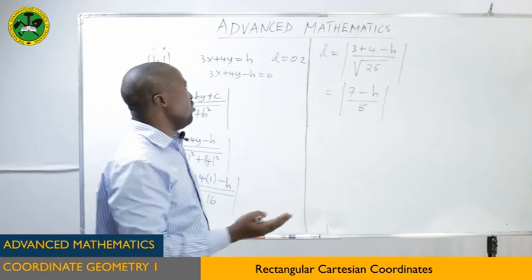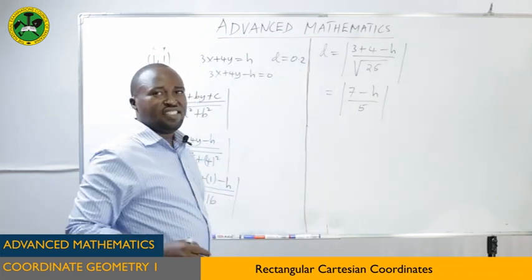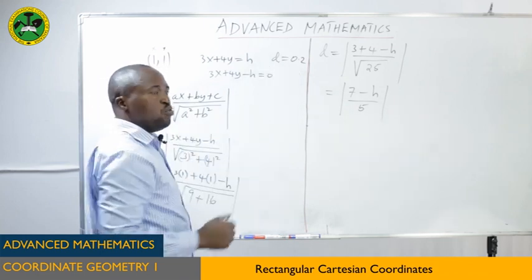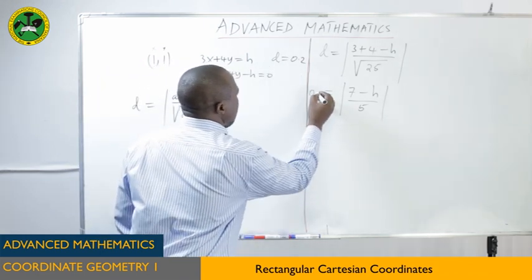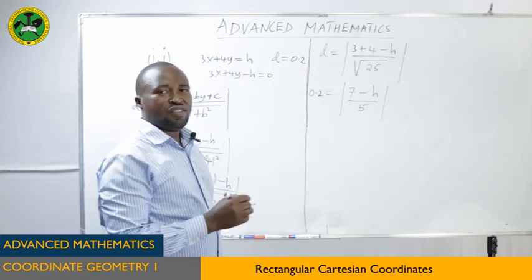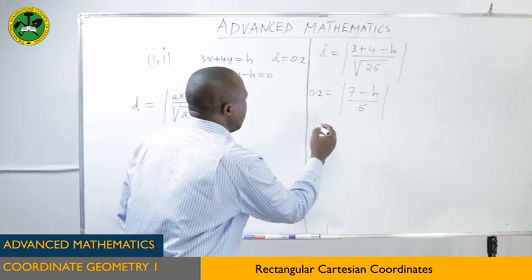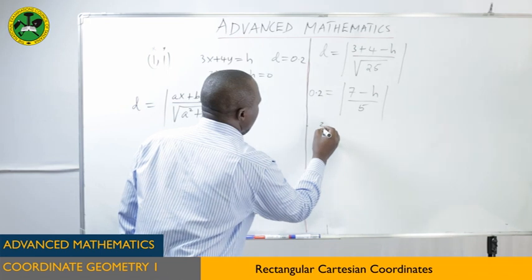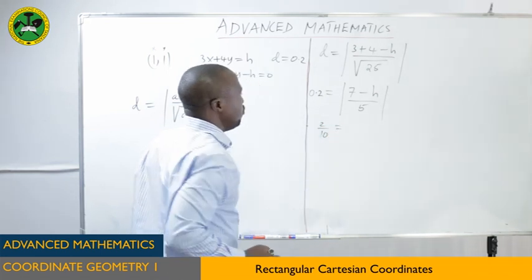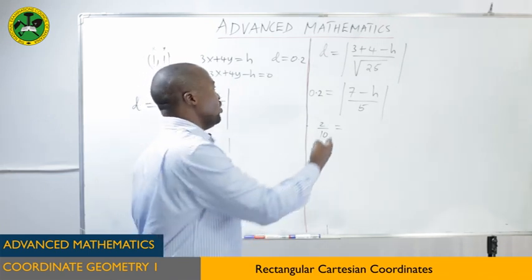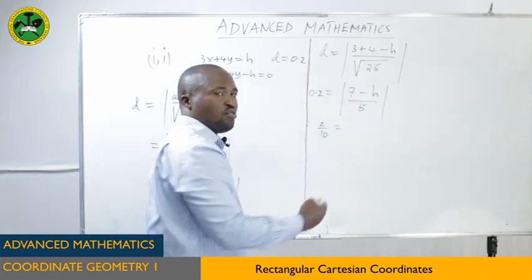But remember, we have been given the value of d. So d is equal to 0.2, and we can substitute it. 0.2 can also be written as 2 over 10, which is 1 over 5. Now we are going to remove the absolute value. How?